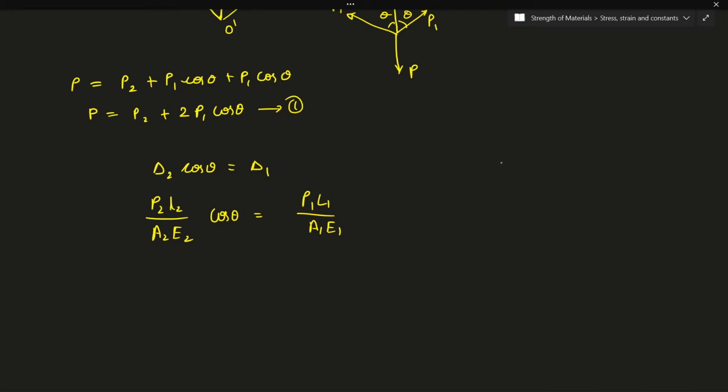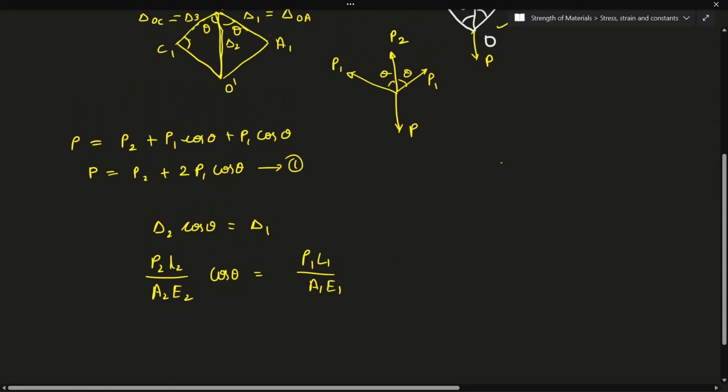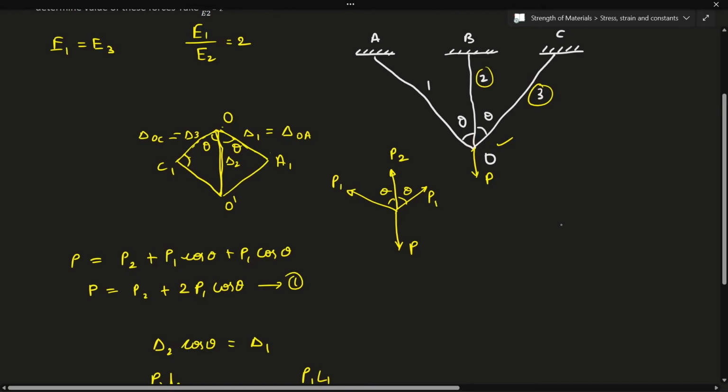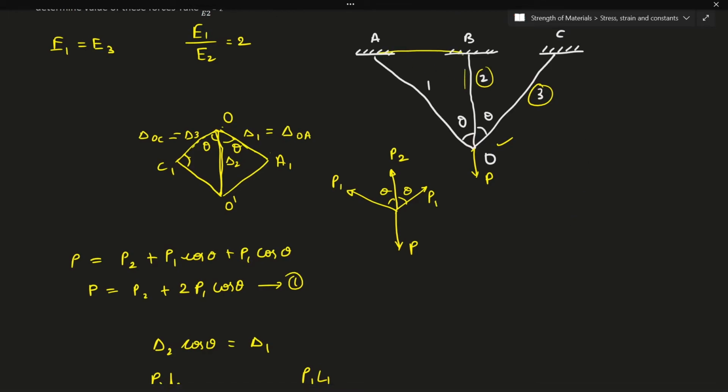Now I'll again make use of some properties of this. So if I consider this triangle OAB, this is a right angle triangle, right? So here in triangle OAB, if I consider cos theta, I'll have OB divided by OA, which is nothing but, OB is the length of member 2 and OA is the length of member 1.